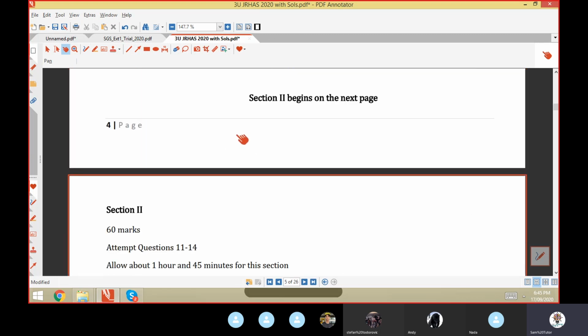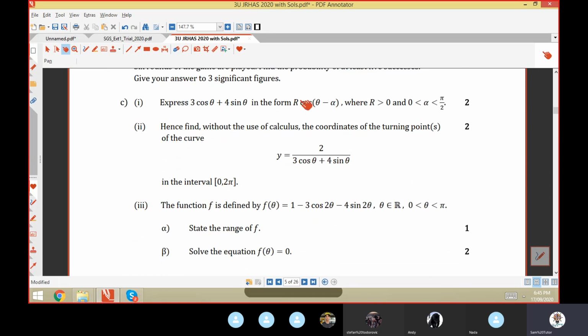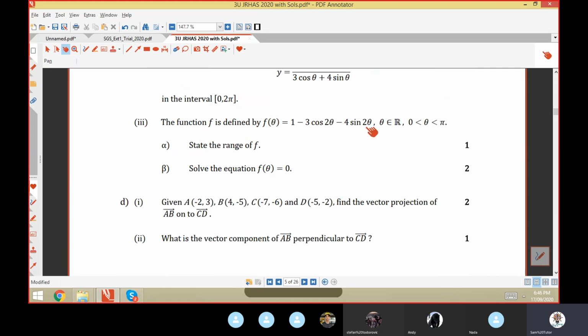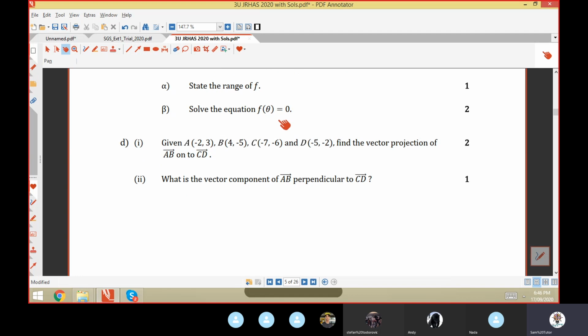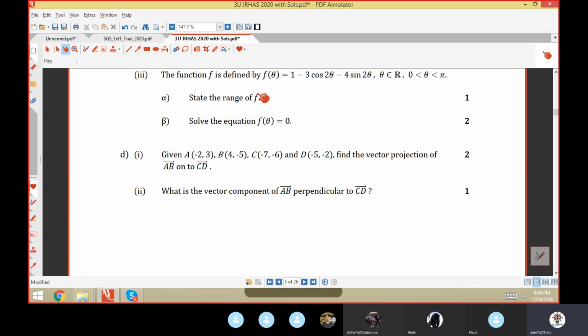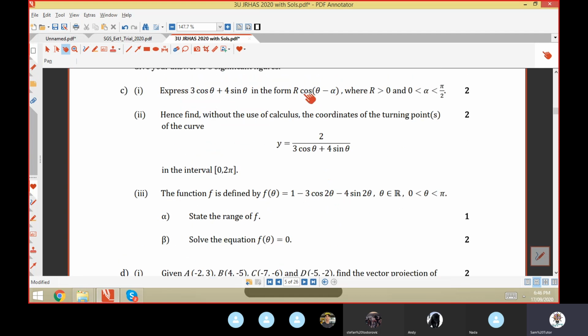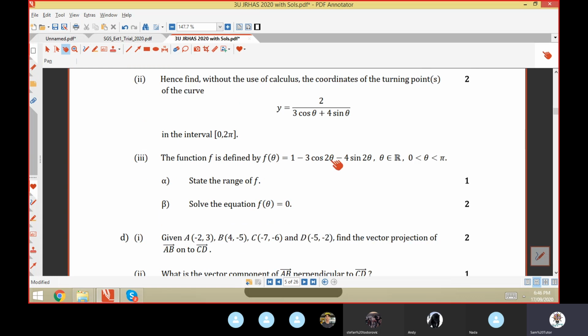Okay, I don't know if you can do state the range. Let me just think about that. No, that should be next. No, you can't do that, because you need it from C. Sorry. All right, leave it.